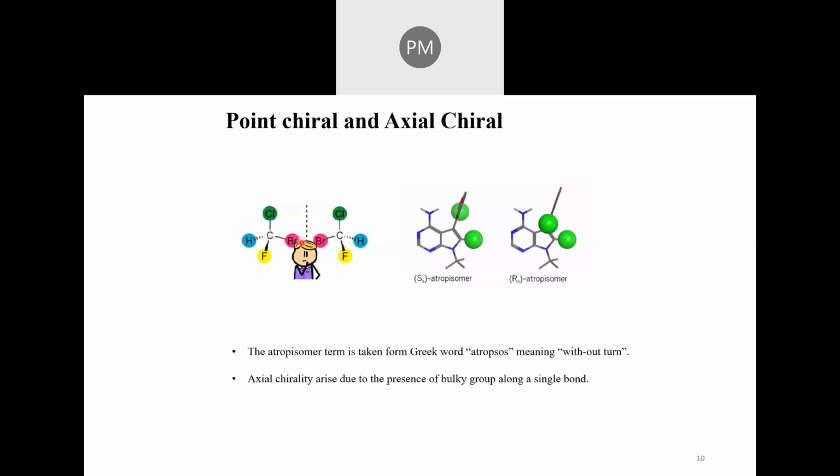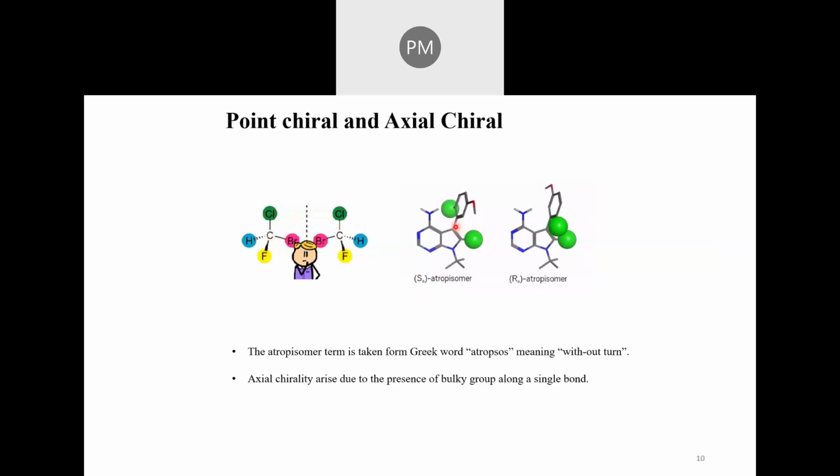Like our left hand and right hand, if we place two hands similarly, they never get superimposed one on another. So for a chiral molecule, we have a non-superimposable mirror image.